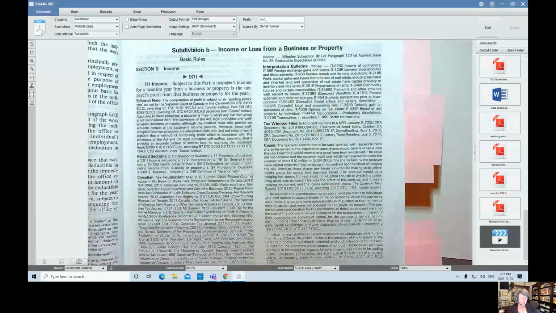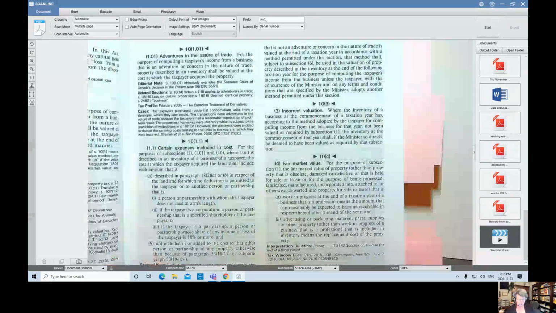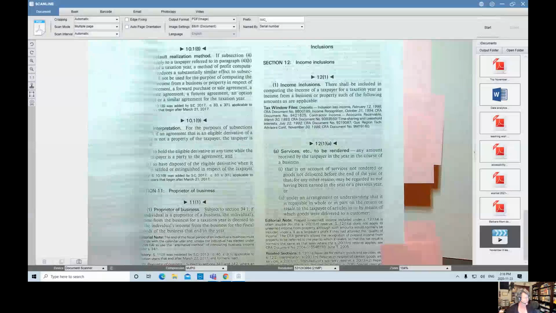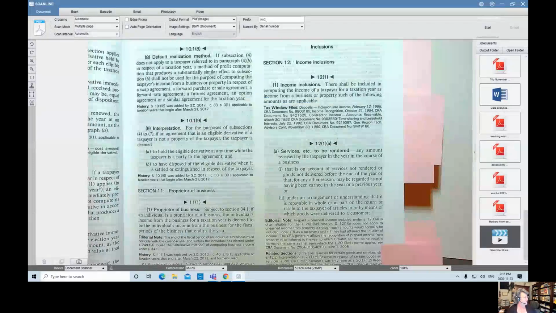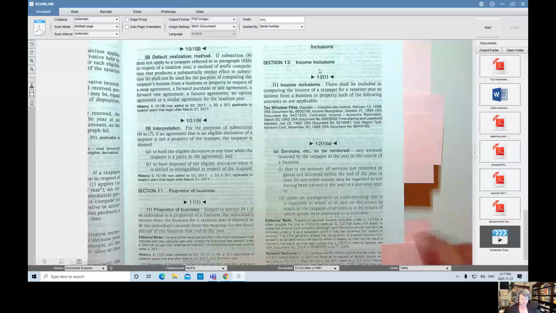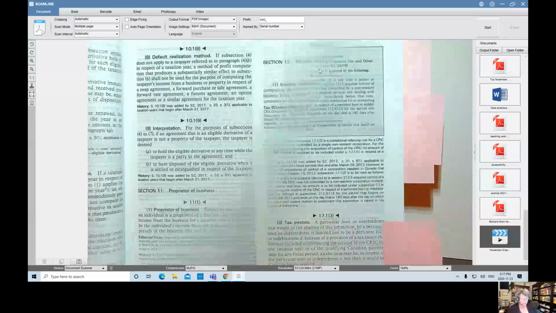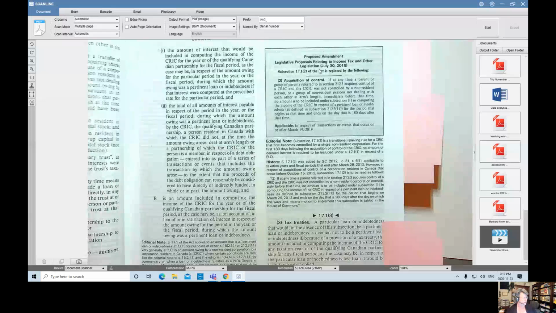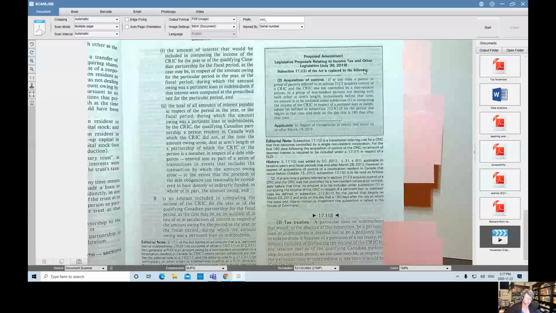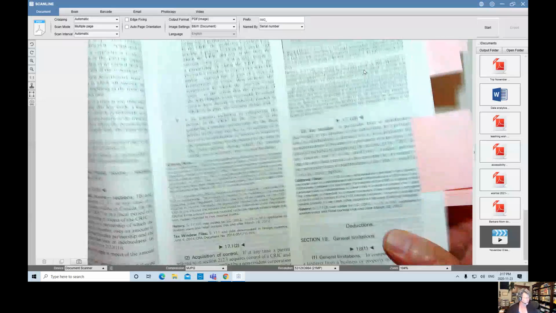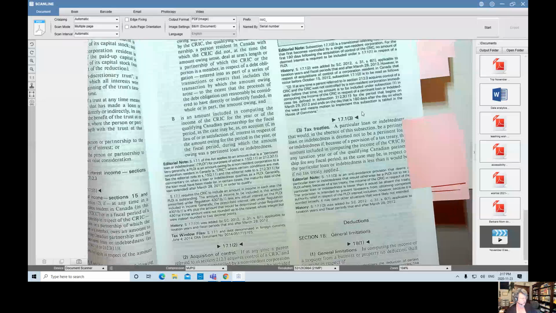But the other sections you want to then pay attention to are section 12. So you've got section 9, I go to section 12. This is income inclusions, and look at these in detail. Then you'll go to section 18, deductions, general limitations.